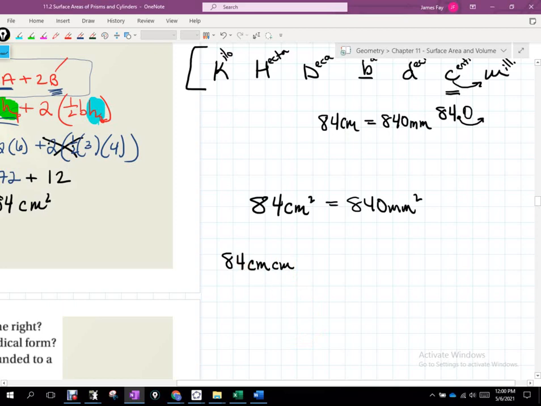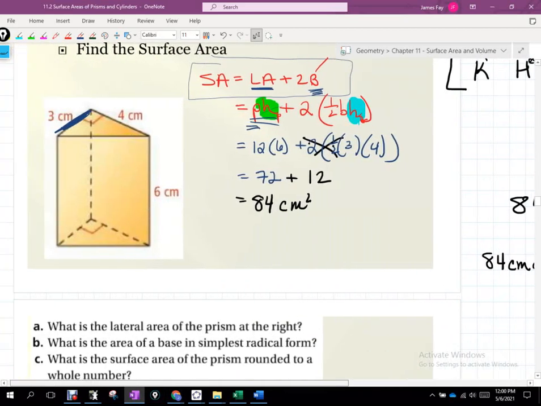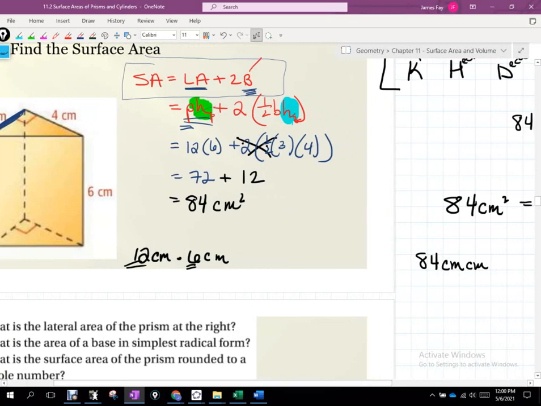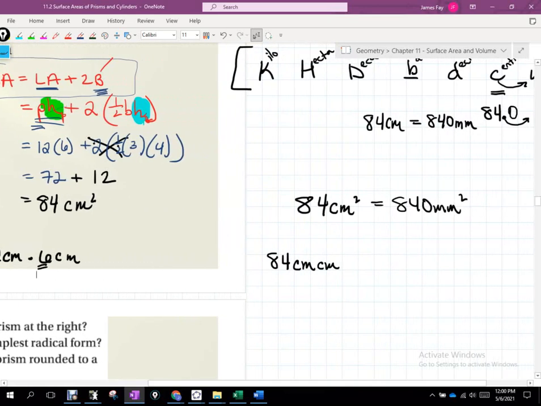Think about this: when you did P times H, P was 12 centimeters and H was 6 centimeters, so you had 12 centimeters times 6 centimeters, and that would give you 72 centimeters. Same thing here, so you got 3 centimeters times 4 centimeters is 12 centimeters. So we get 84 centimeters.